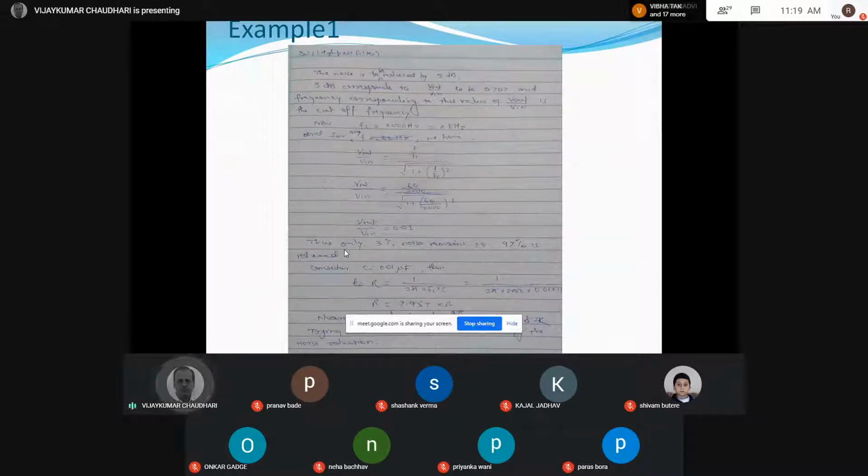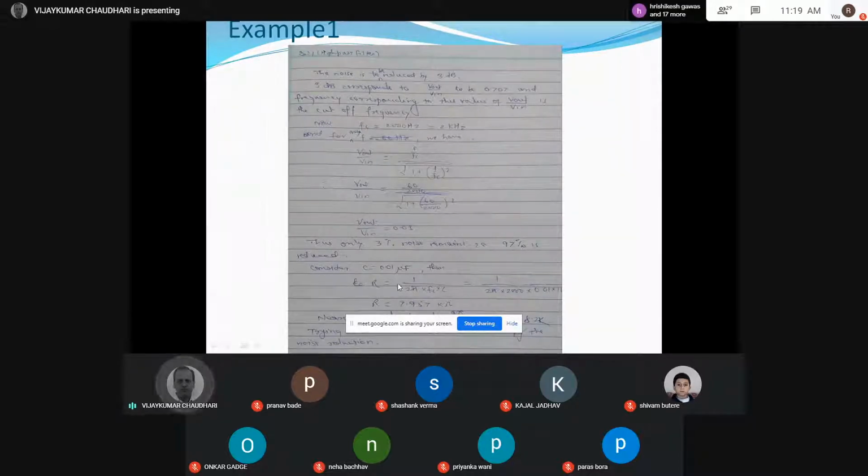Let's find out the values of R and C. As per the previous guidelines, the same prevail for this also. Let's consider the capacitor to be 0.01 microfarad, and substituting in the cutoff frequency, Fc is equal to 1 upon 2 pi RC.